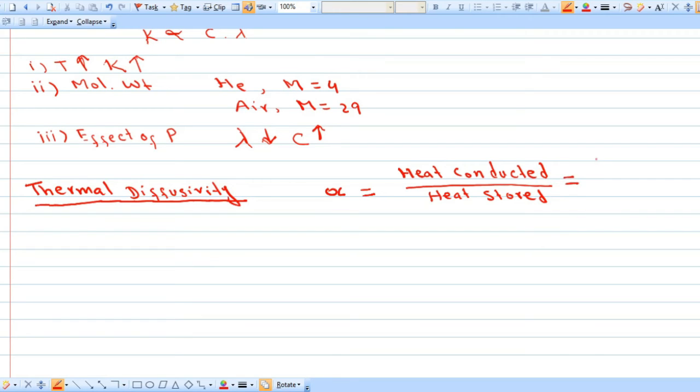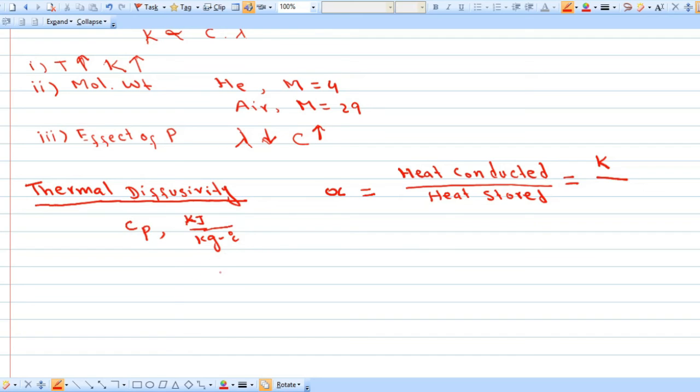Therefore the numerator will have thermal conductivity K. The heat stored is defined by specific heat Cp, which is the thermal capacity of a body, and this is measured in kilojoule per kg per degree C, which is the heat stored by 1 kg of a mass when the increase in temperature of the mass is 1 degree C.